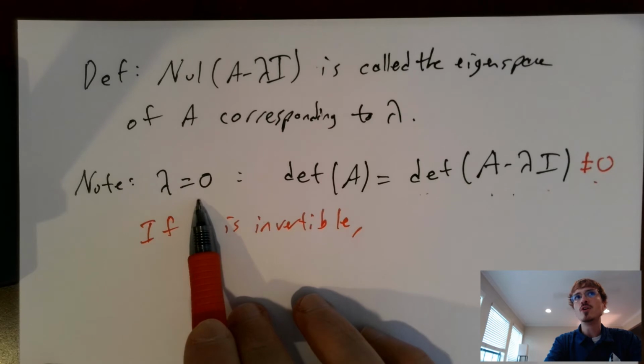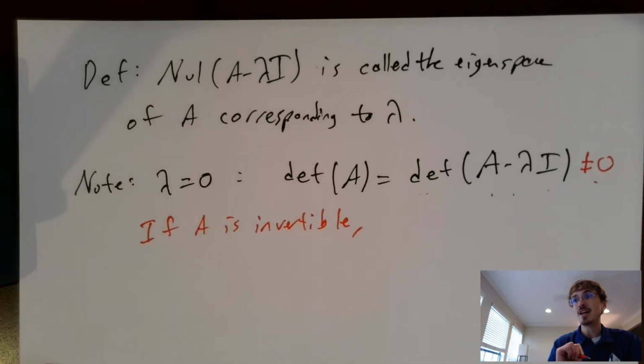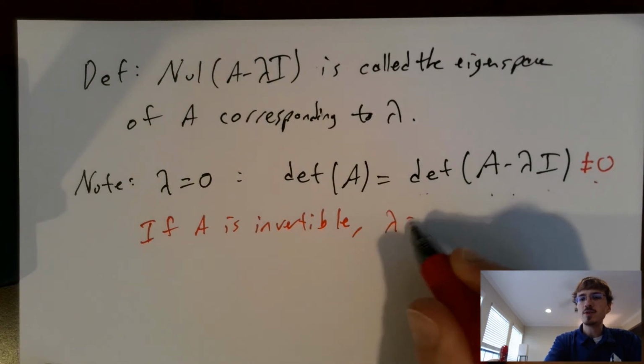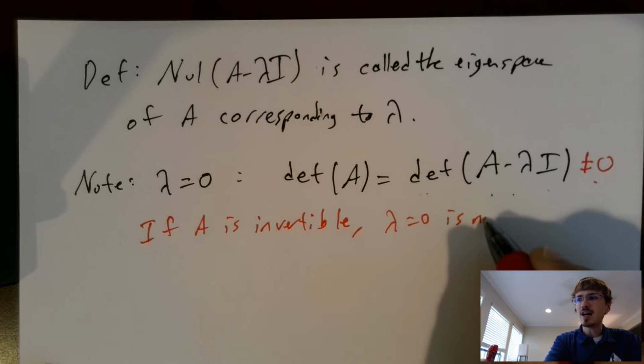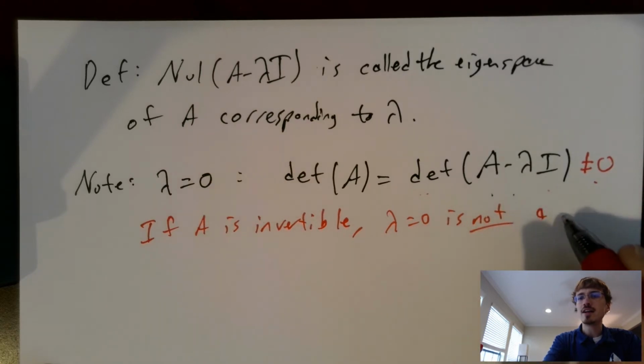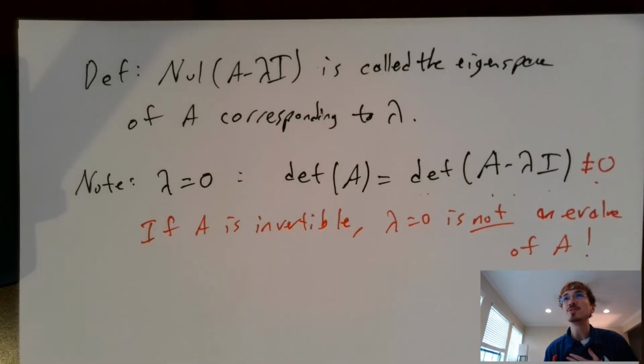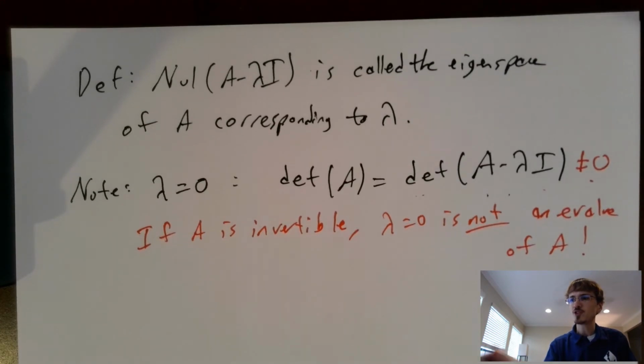What therefore do we know about lambda equals 0? It cannot be an eigenvalue. So if A is invertible, then lambda equals 0 is not an eigenvalue of A. And this will be helpful for us.